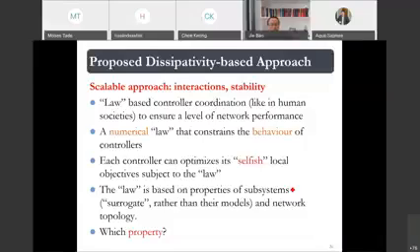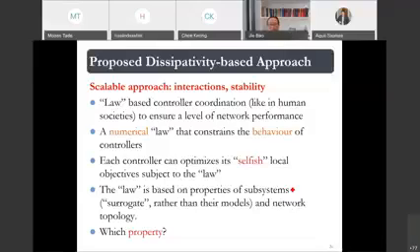Obviously, we need a law which has sufficient detail so that the distributed controller design is not too conservative. But we also don't want to use the models themselves because that is too complicated.